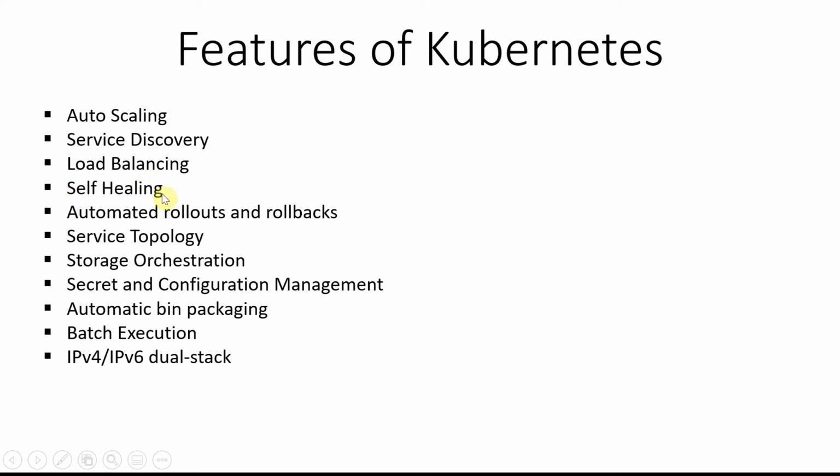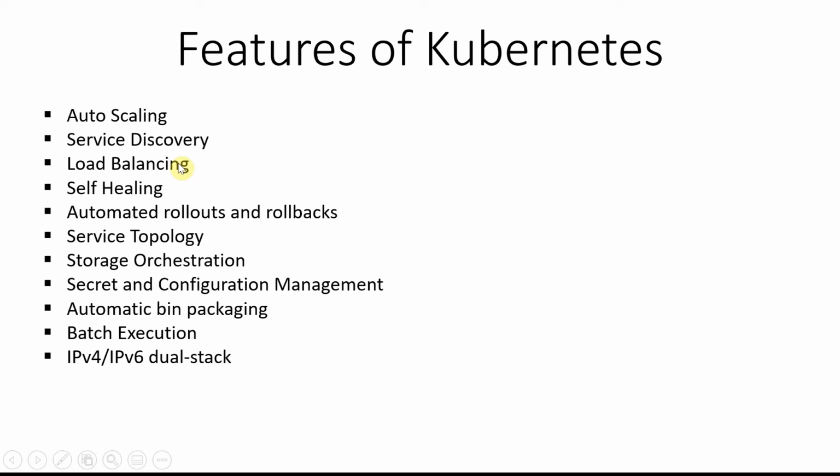And also self-healing. Self-healing is a very unique feature in Kubernetes. The other features are all good when everything goes well, meaning auto scaling: when there is a demand, it increases and manages the load. But what happens if something goes down?